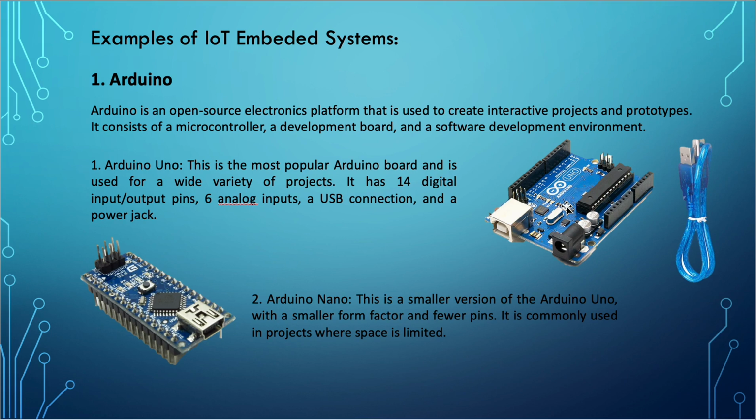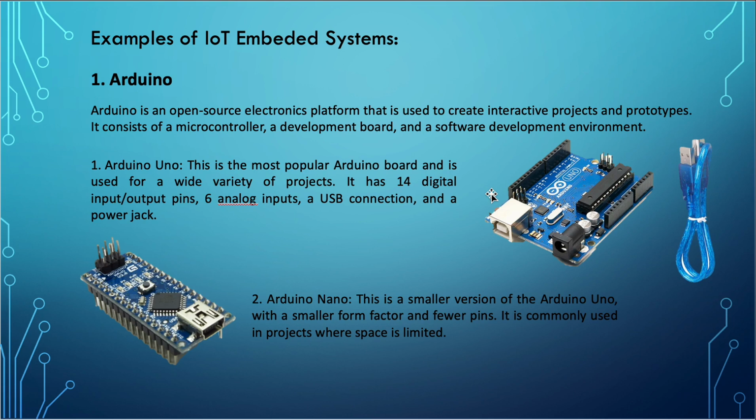But even Arduino today has products whose processing power is powerful enough to build a full IoT system. So when talking about Arduino, the main board we have to talk about is Arduino Uno. This is the most popular Arduino board and is used for a wide variety of projects.